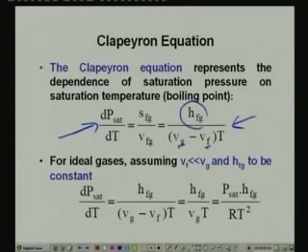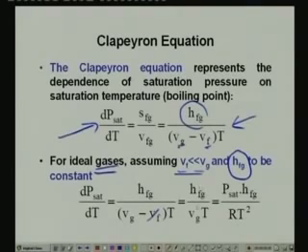And the simplification of the Clapeyron equation results in the following if you assume ideal gas behavior, and if you also assume that the specific volume of the saturated liquid is much smaller than the specific volume of the saturated vapor, and the latent heat of vaporization does not vary much with temperature. If you make these assumptions, since Vf is negligible compared to Vg, you can drop this term.